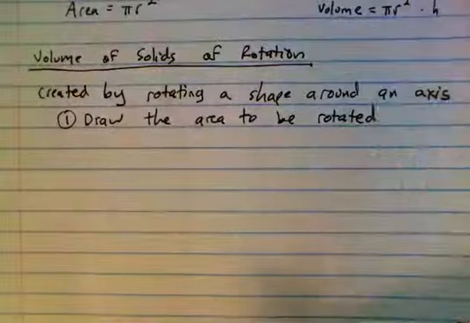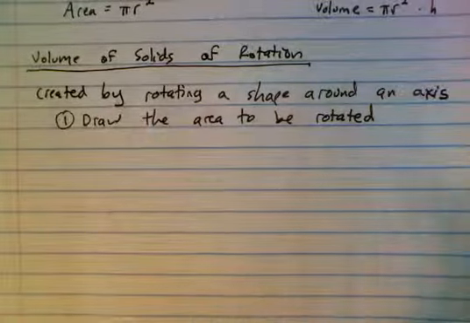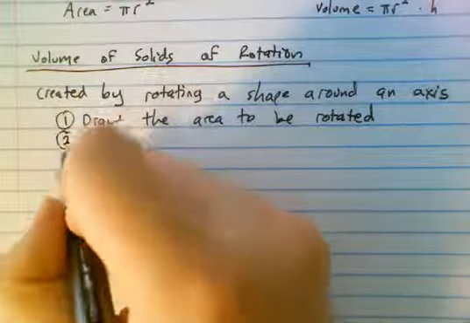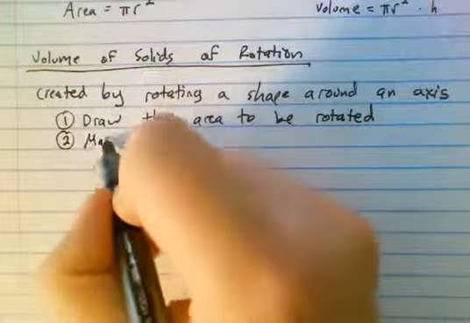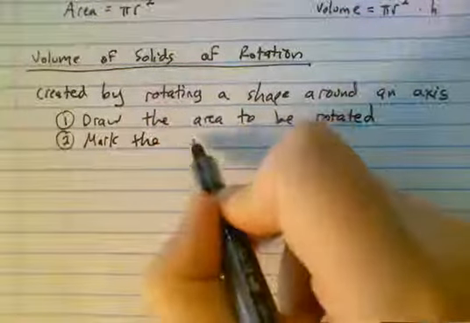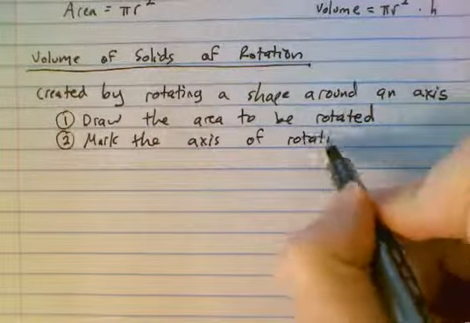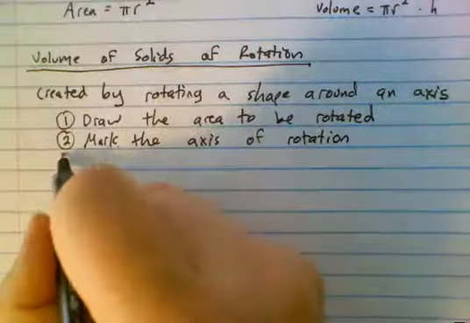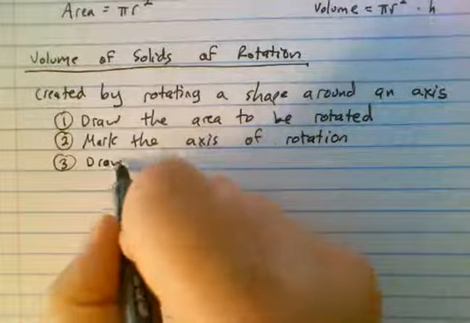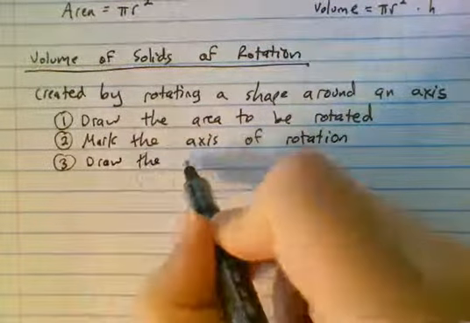The first thing we're going to do is we're going to draw the area that's going to be rotated. This is exactly the same as how we've done this in the past. What's slightly new is we're going to mark the axis of rotation. We're going to draw the infinitely thin rectangle.